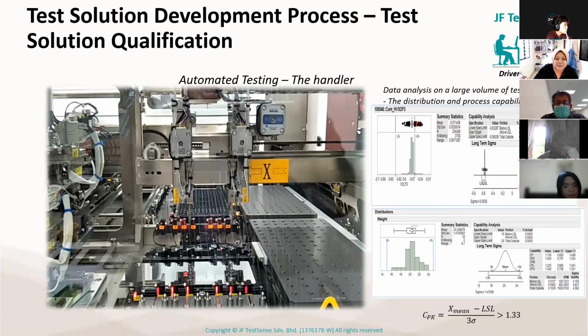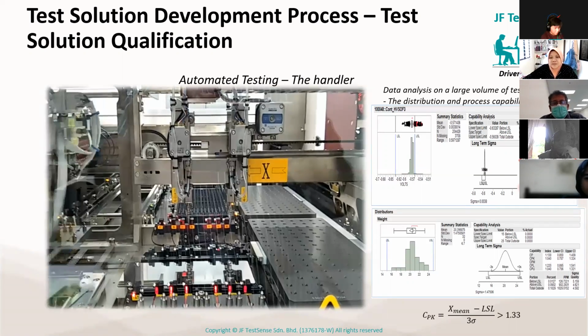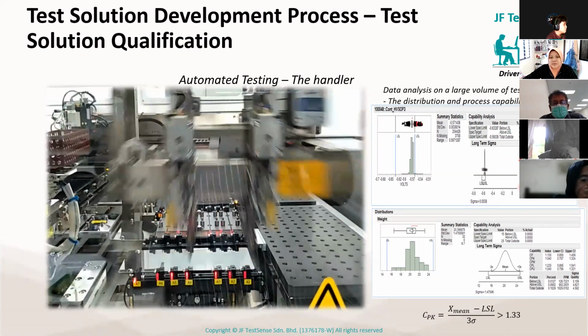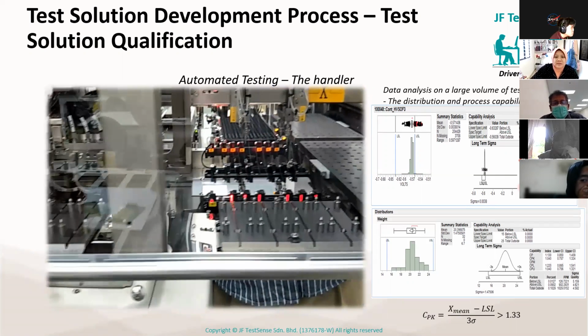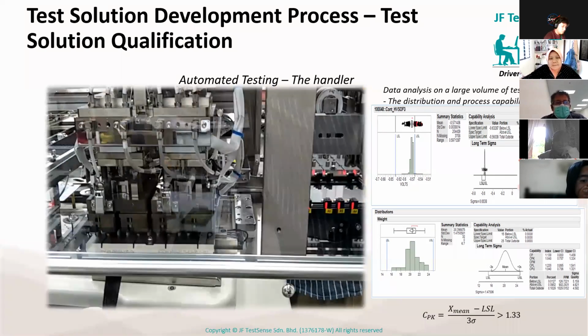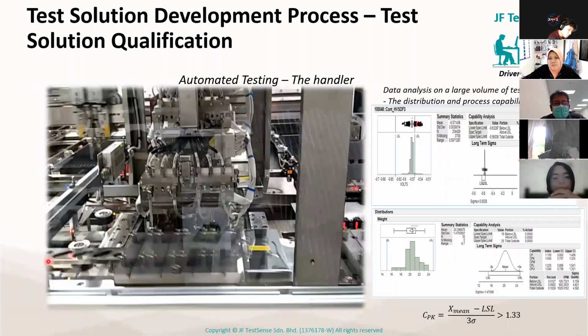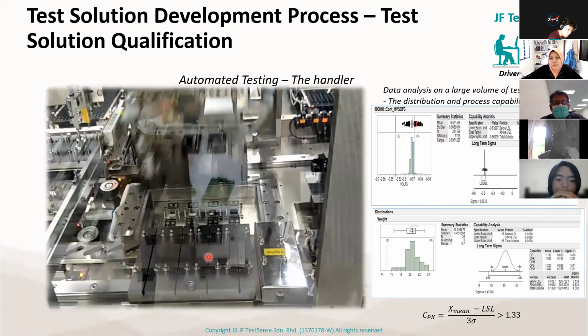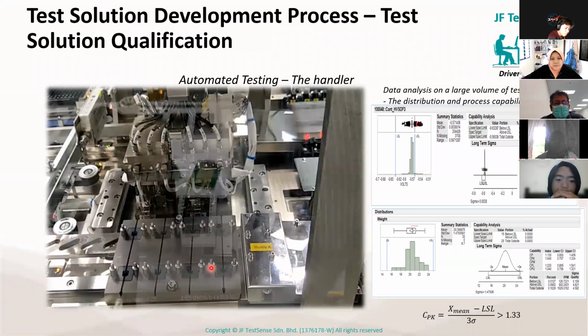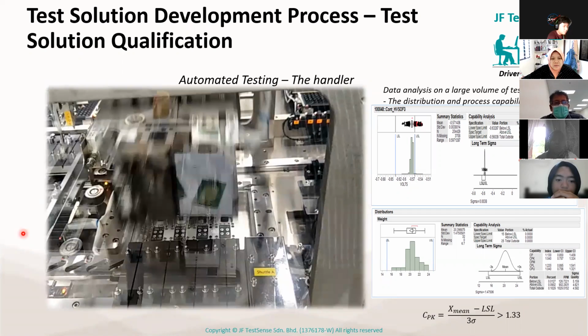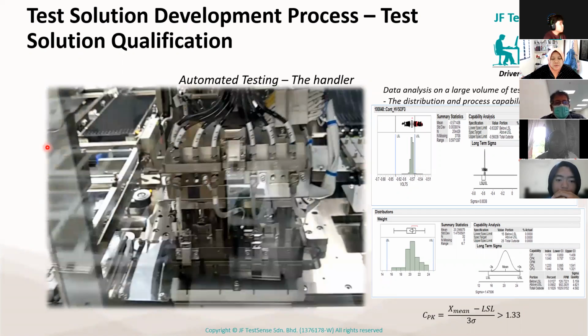The automated testing of a higher volume of parts is done by hardware called the handler. This handler is like a robot. It picks the devices, puts them into the test site, and then the tester will test them. Then it takes out the device and puts it onto this area for transporting to the output stage.